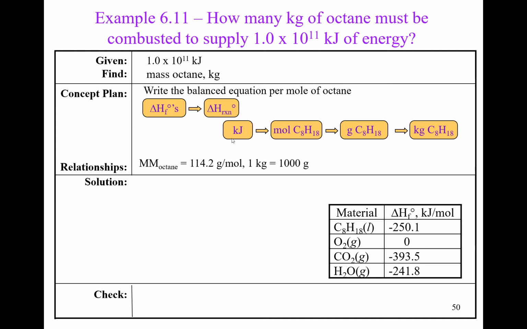So this would be an engineer where you know how much heat you need to do some process, and then they're figuring out how much coal, gasoline, etc. they're going to need. And then when you hand it off to someone who does the business side of it, they're going to factor in the price per some unit of the gasoline and how much it's going to cost the company to do this type of thing.